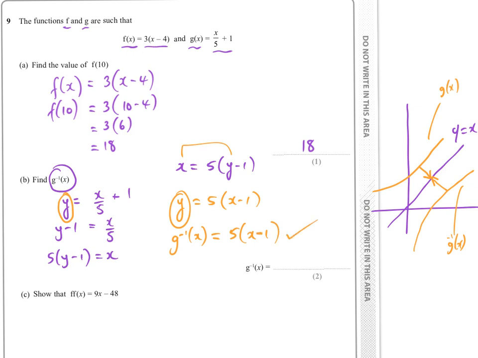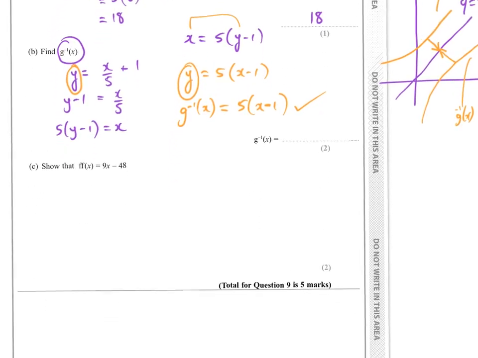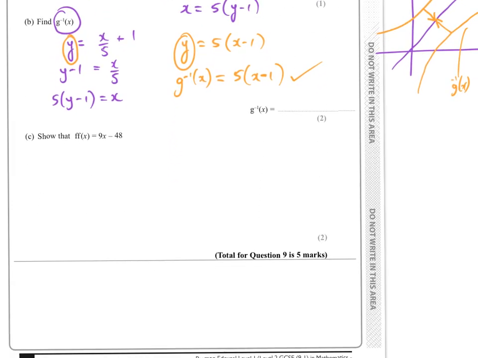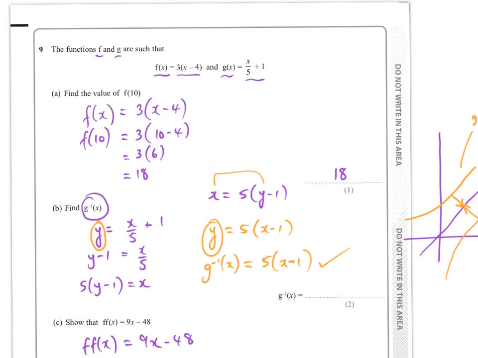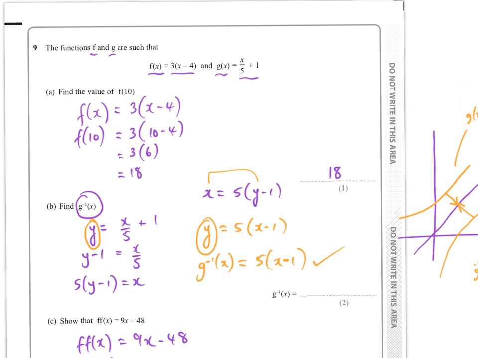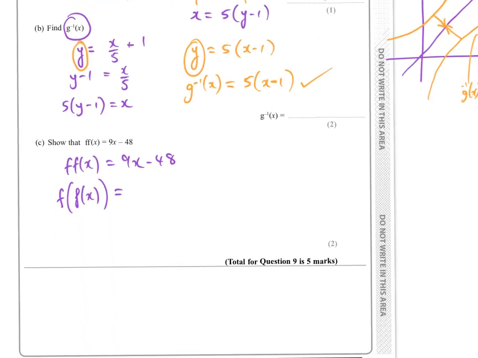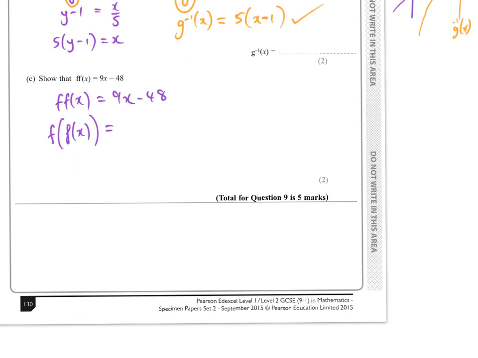And then finally, it says, show that f of f of x is 9x minus 48. Well, we can write this as this. Now, we know what the function f of x is, so we'll remind ourselves of that. Here it is. So 3 lots of x minus 4. So write that down.